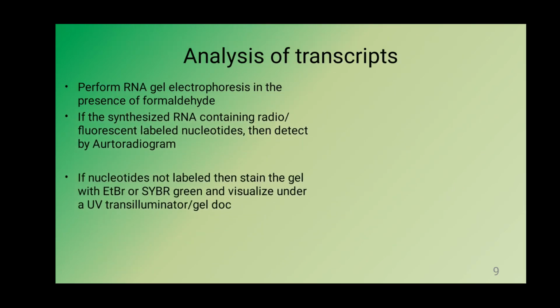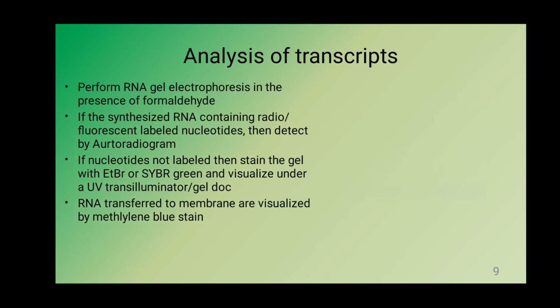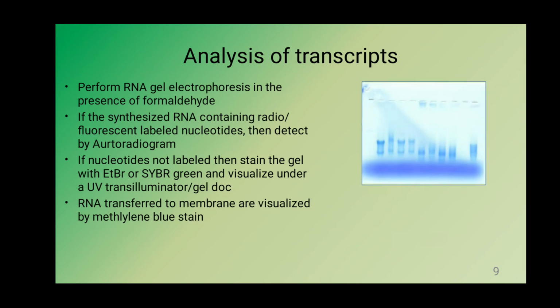Now we will see how to analyze or confirm the transcripts. To confirm transcripts, RNA gel electrophoresis is the best method. The gel and running buffer contain formaldehyde to keep the RNA molecules linearized and denatured. If the synthesized RNA molecules contain radiolabeled or fluorescent-conjugated nucleotides, they can be detected by autoradiogram.